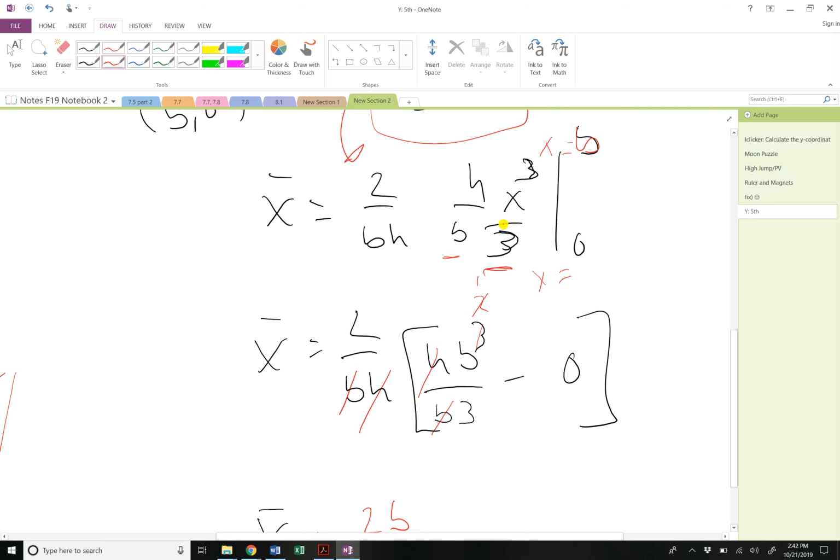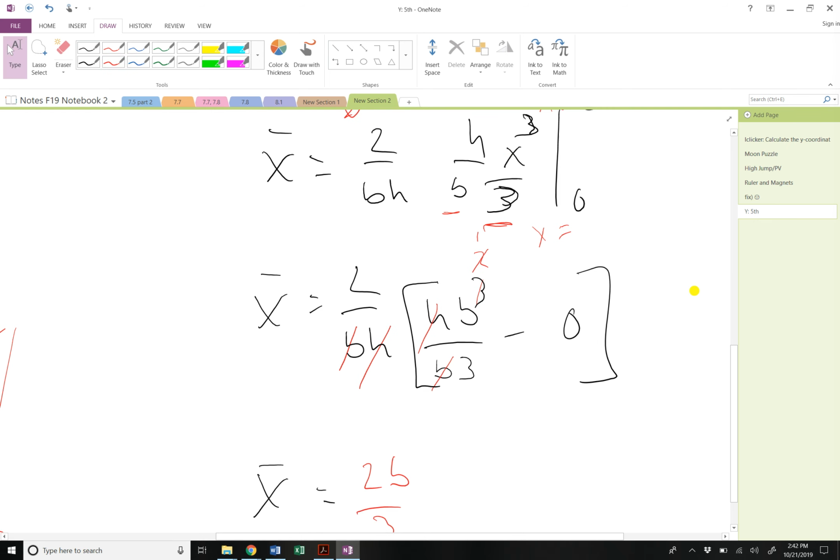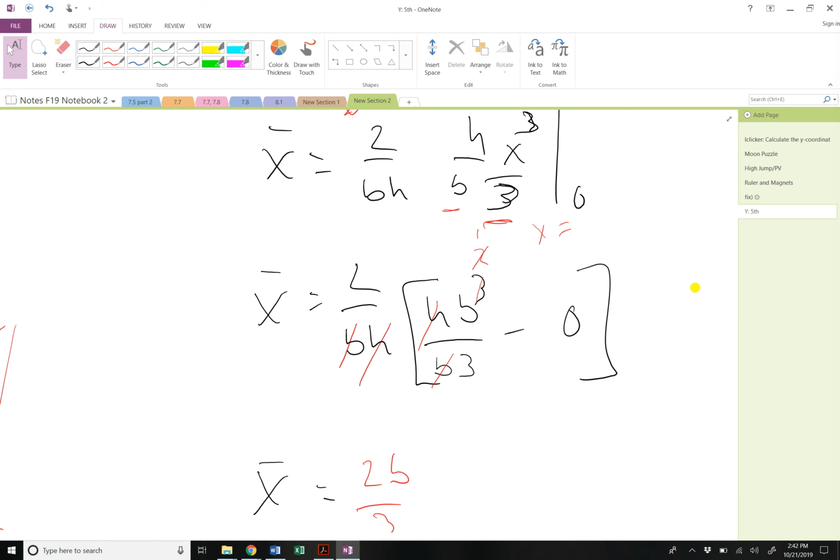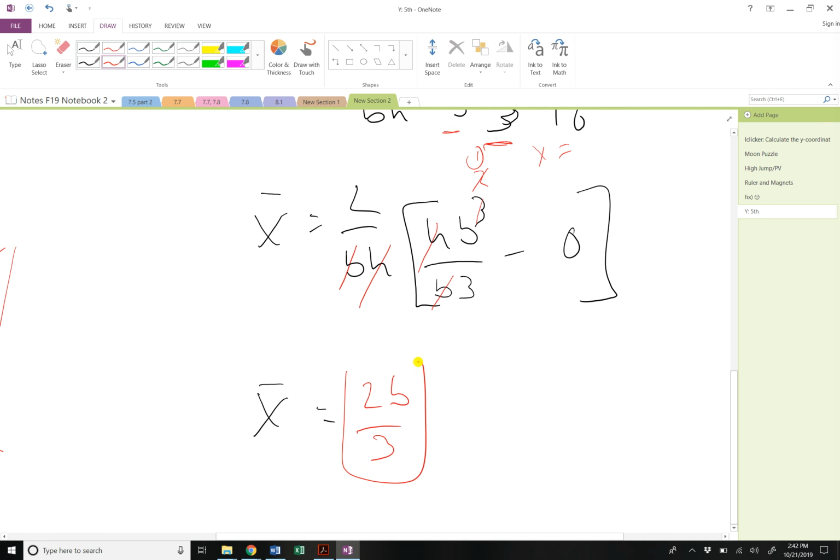When I plug in 0, all the terms go to 0. So I end up with h b cubed over b times 3, and I'm multiplying that by 2 over b h. The b's divide so that b cubed just becomes b to the first, and the h's divide out, so I end up with 2/3 b.